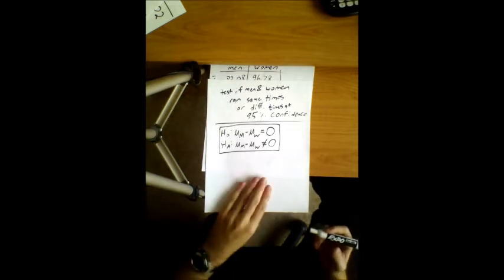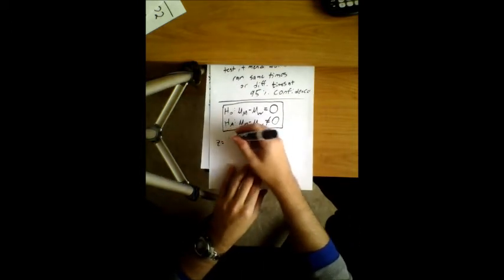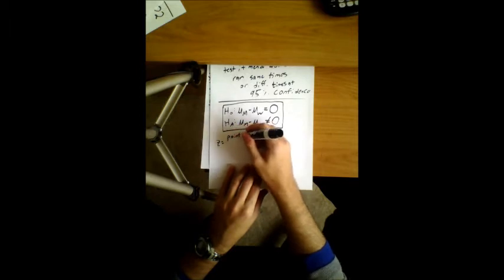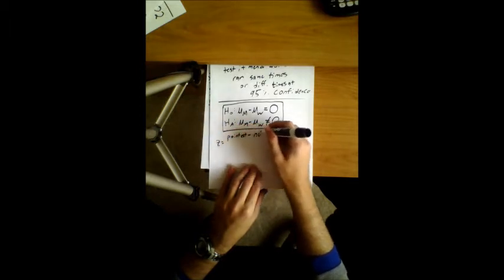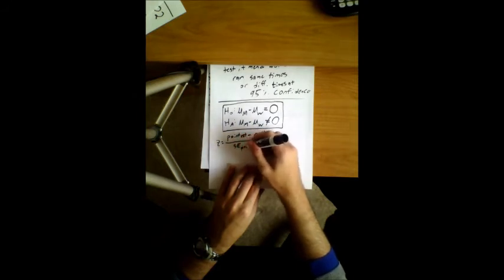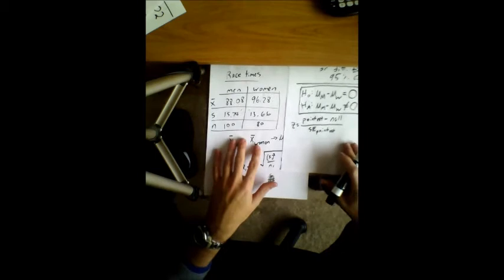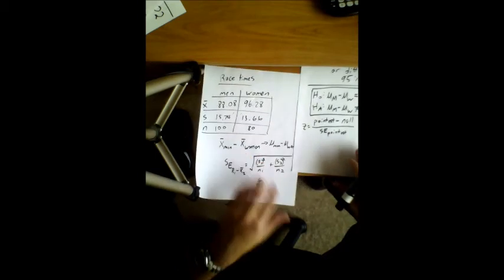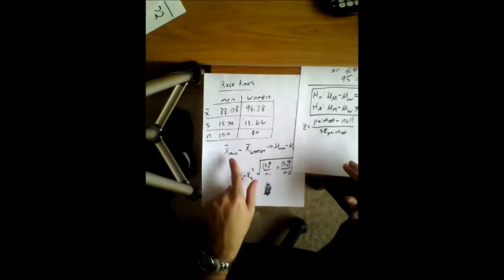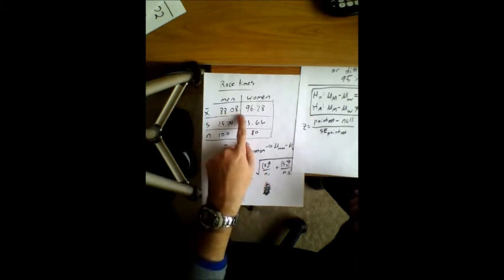Moving on, let's go ahead and find our test statistic. It works the same way. We have our point estimate minus our null value, all divided by the standard error of our point estimate. The point estimate is quite simple. We're doing men minus women.